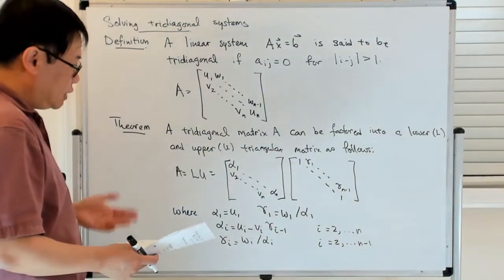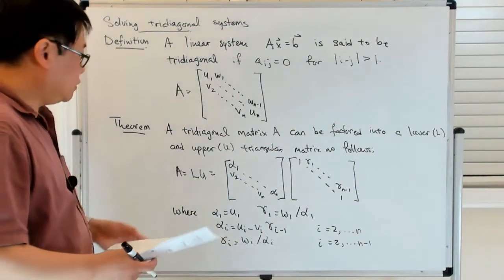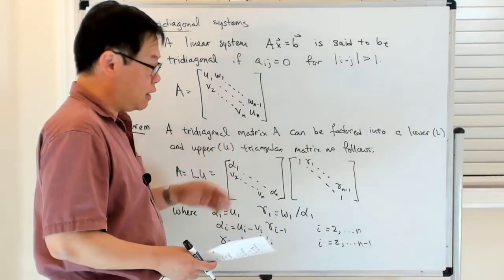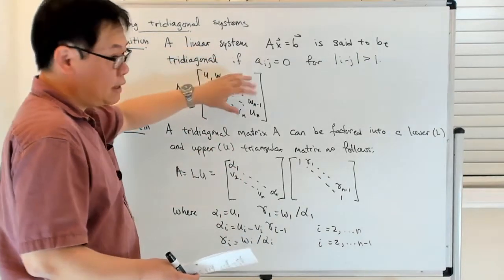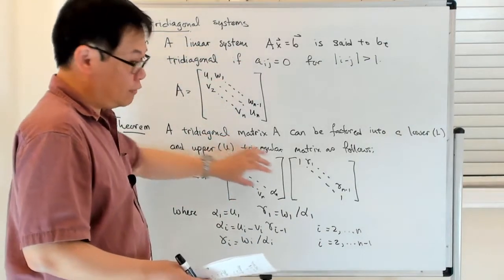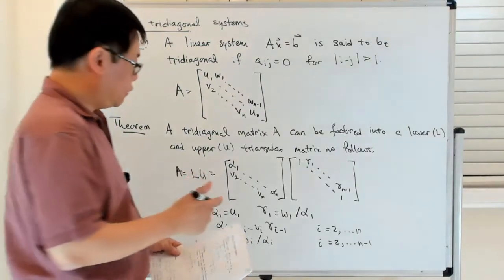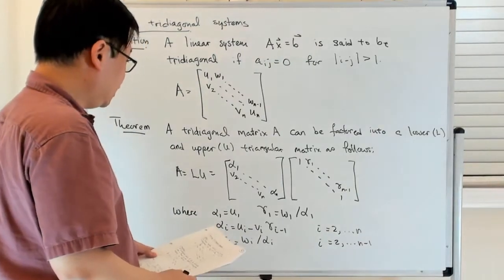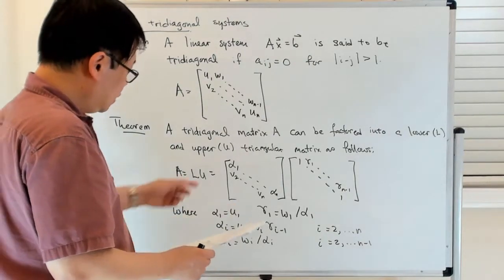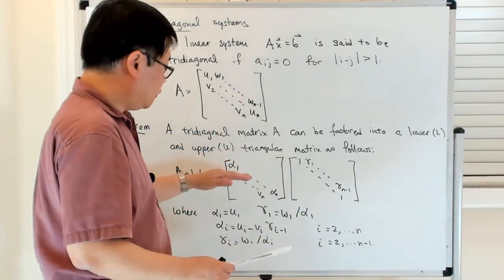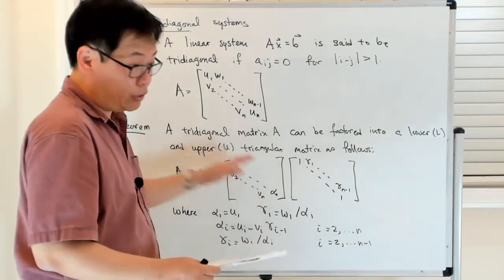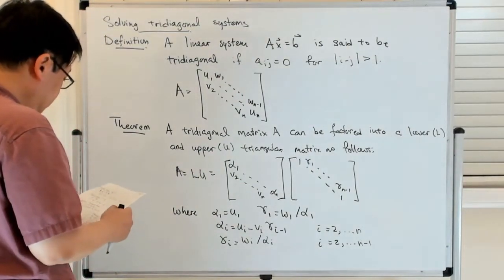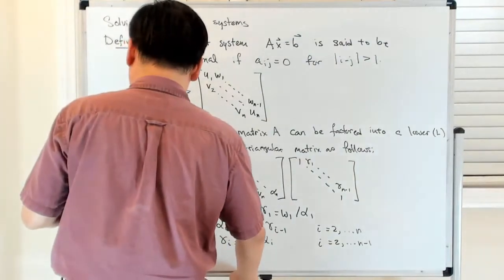And then you can also check that the forward and backward substitutions are cheap as well, because it is banded, it only requires an order 1 number of calculations to do each of the terms in the forward and backward solve. So it's order n to do the whole forward and backward solves. Okay.